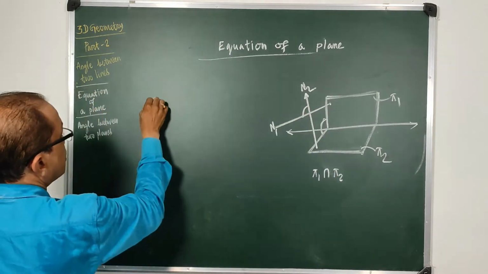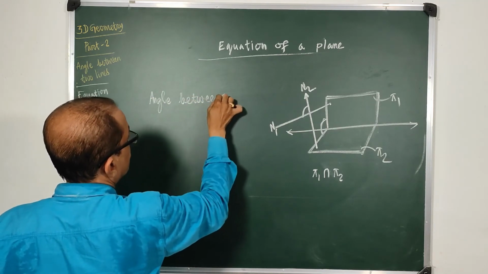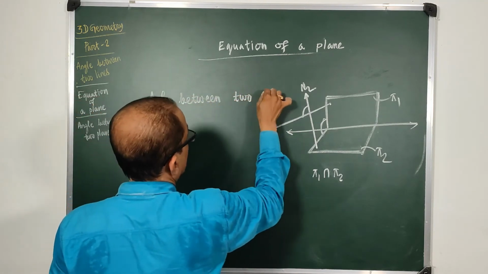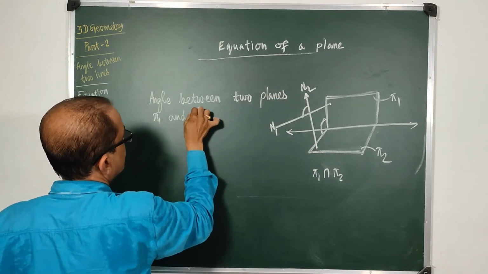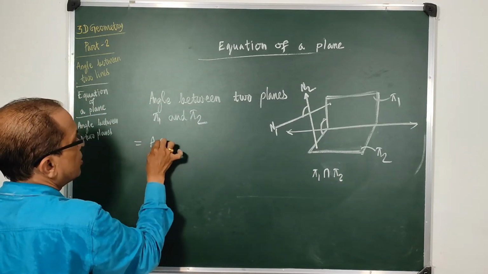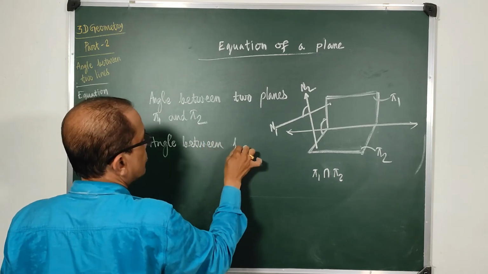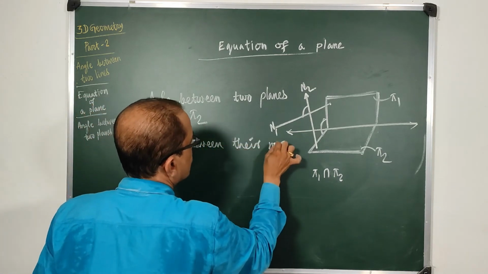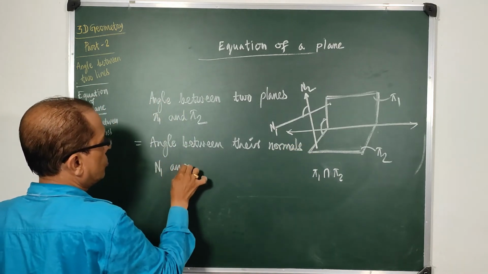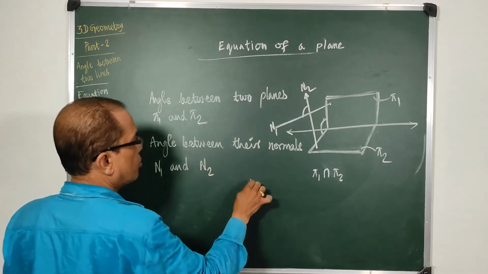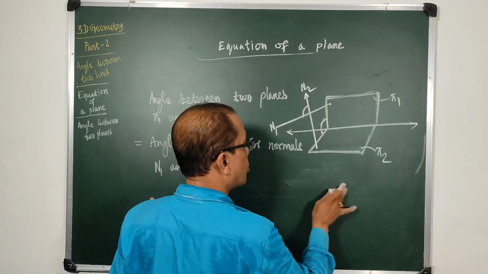So we can say the angle between two planes pi 1 and pi 2 is the same as the angle between their normals n1 and n2. So we can take two different formulae.